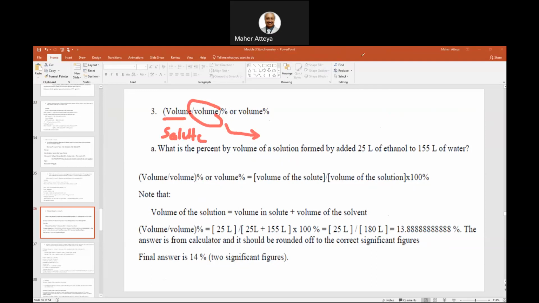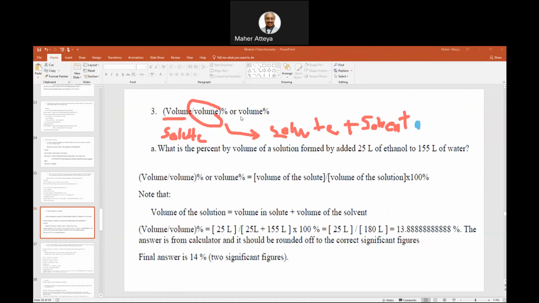This is the volume of the solute plus the solvent, both of them. So this is the volume of both.